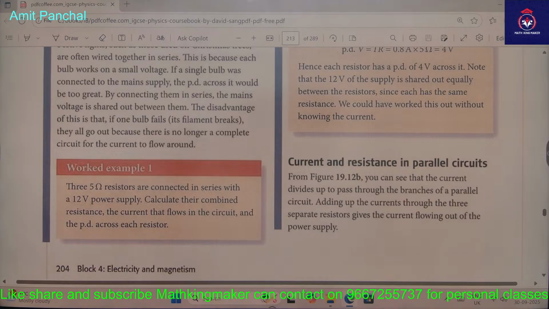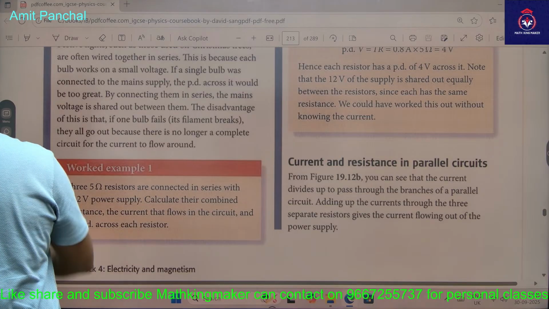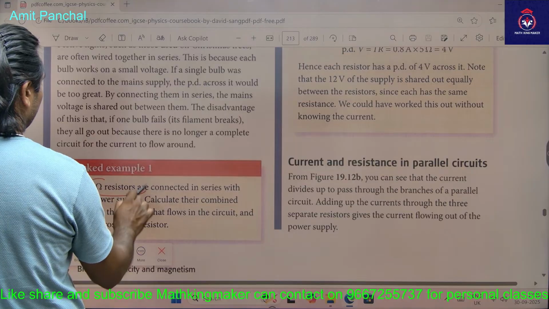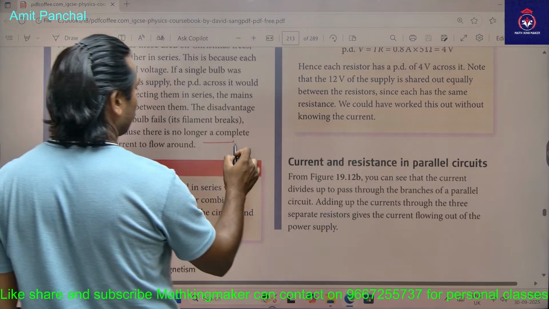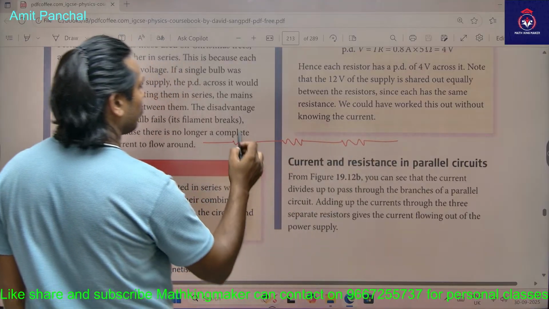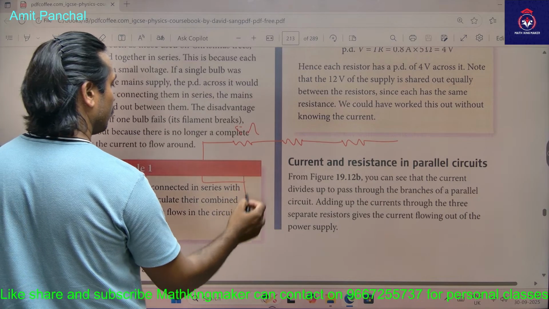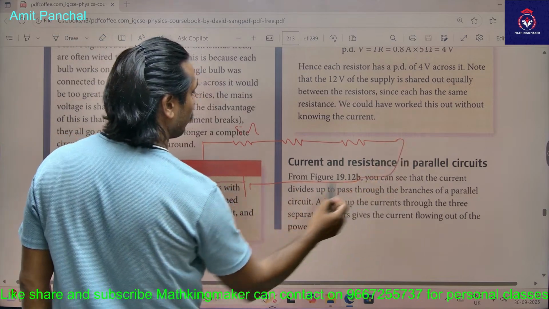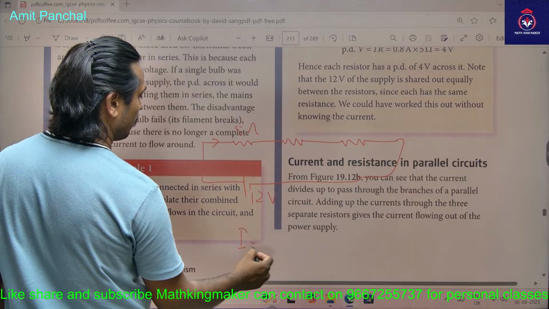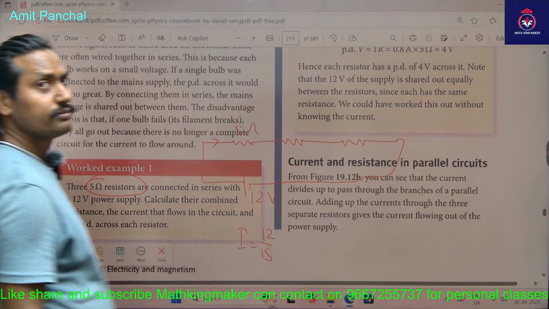Potential difference is the voltage. As they are 5 ohm resistors, equal resistors connected in series with a 12 volt battery, the current is 12 by 15.